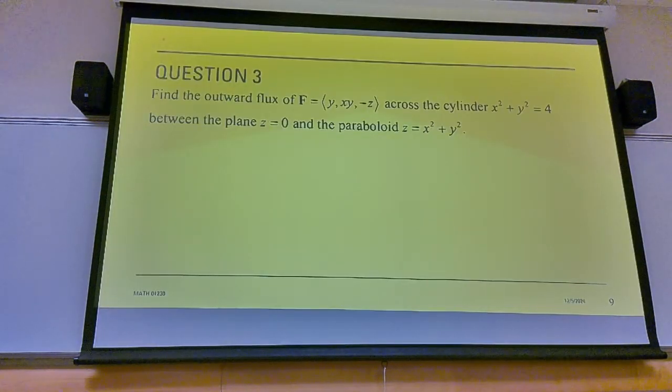Let's try and get a picture of this. We've got x squared plus y squared equals 4, z equals 0, and the paraboloid z equals x squared plus y squared.